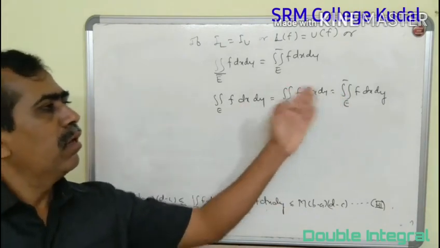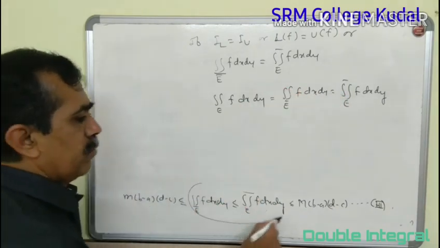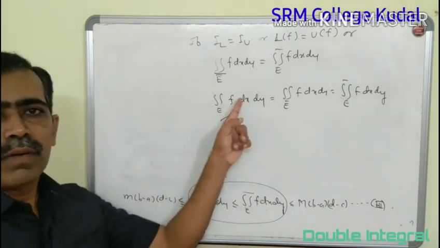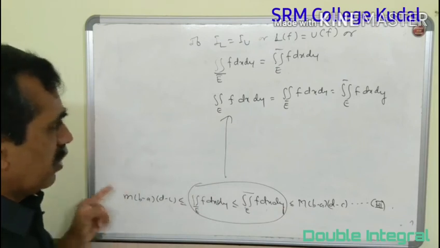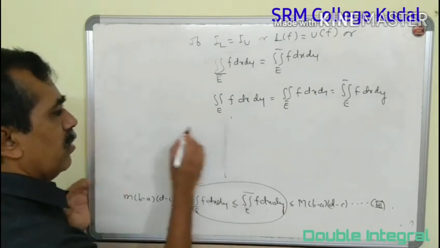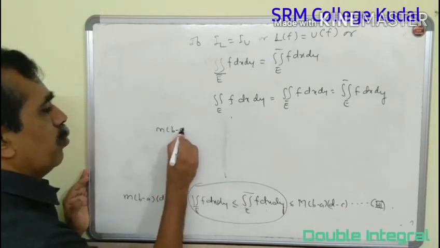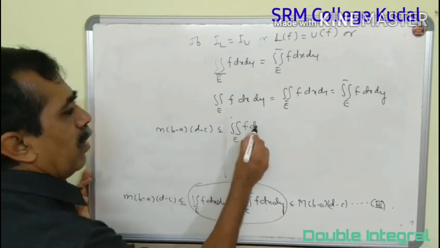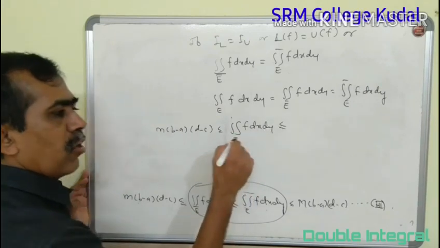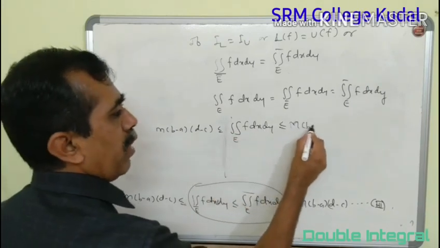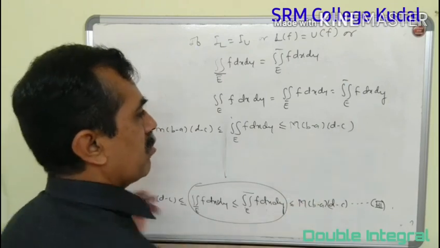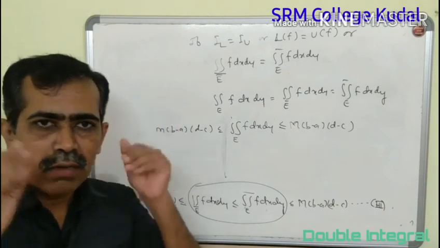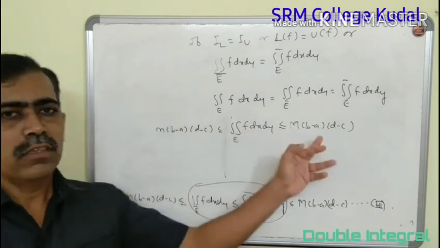But if they are equal, then this is nothing but the double integral of f over E. So as a result, we get m into (b minus a) into (d minus c) less than or equal to this double integral of f over E, and it is less than or equal to M into (b minus a) into (d minus c). Thus the double integral of a bounded function defined on a rectangle E always lies between these two numbers.